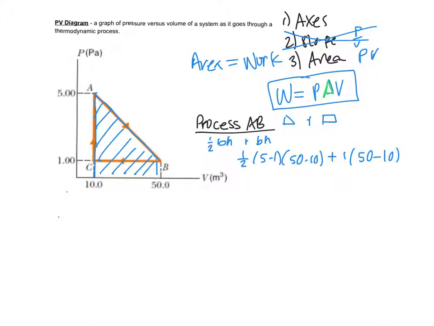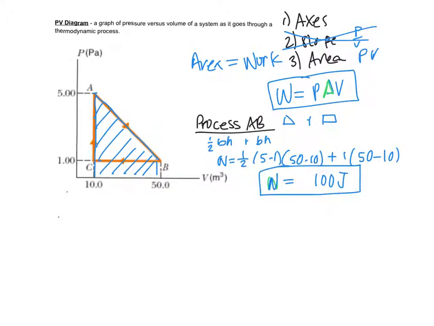So the PV diagram is showing you how much work is done by a system of gas. Pressure is remaining constant at 1, and we have our change of volume for this second part, so it's 50 minus 10. So then all that's left to do is plug your numbers in. 1/2, 5 minus 1, using my parentheses, times 50 minus 10, plus another set of parentheses, 50 minus 10, and we get that the work is equal to 100 joules.